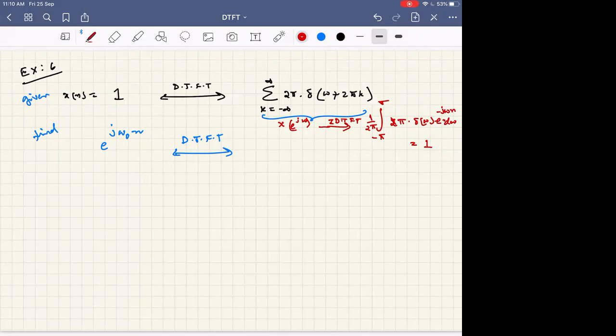It is a slightly different kind of signal, which is why we have the impulses here, which go to infinity at some points. So it is a simpler way of showing that they are discrete Fourier transform pairs. Now the question is: given this, how do I find the Fourier transform for e power j omega naught n?